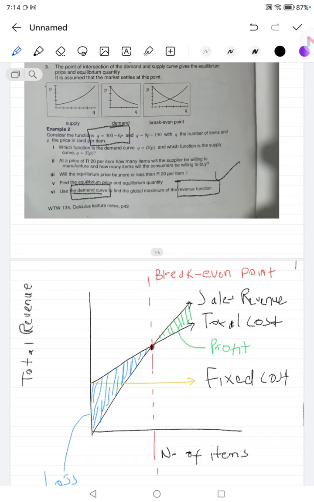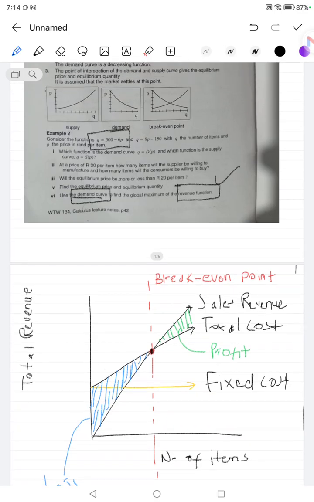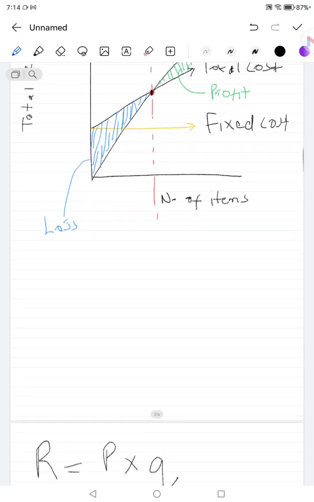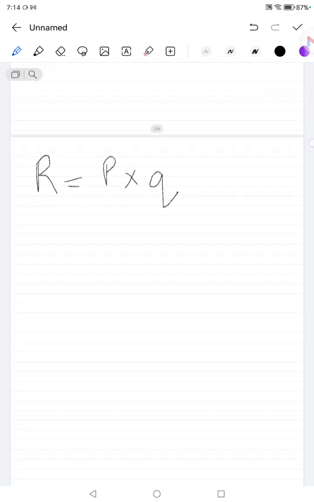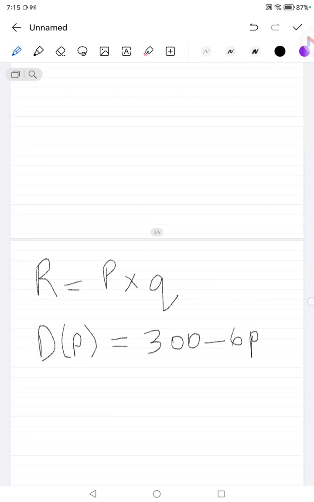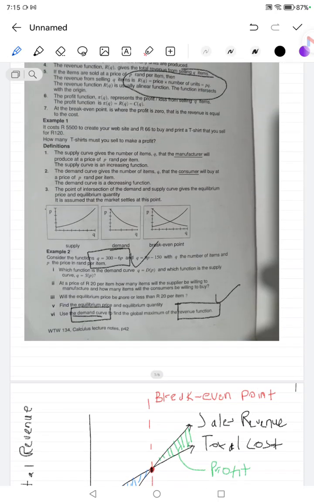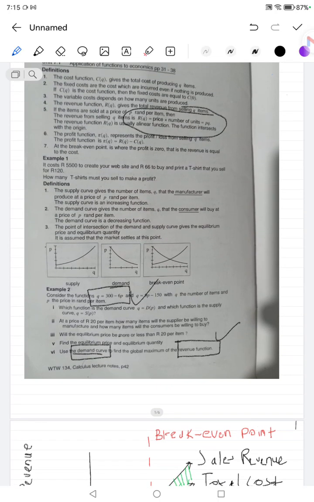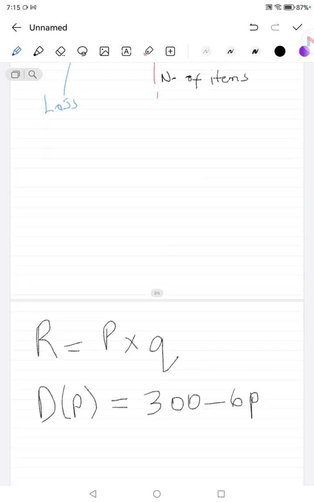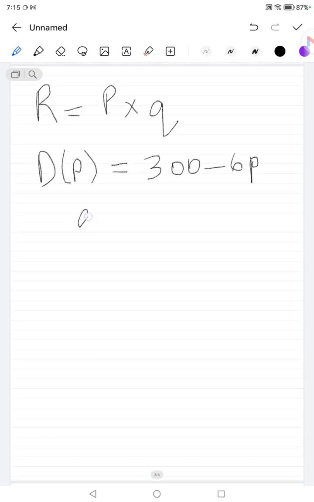Then we have the Q, this one, which is your demand. Then your demand, we said it's how much? It's your 300 minus your 6p, which is this one, where they say your Q is equal to 300 minus 6p. This is the same as where you had your Q is 300 minus 6p.